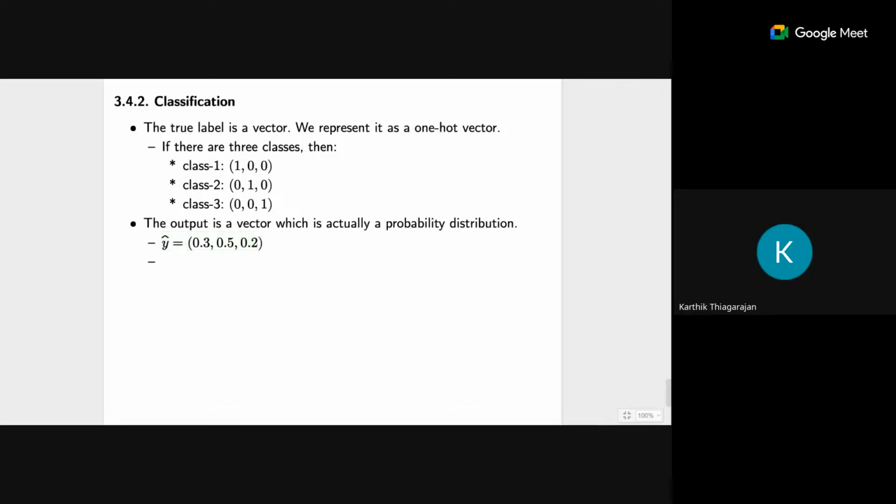To make it very precise, if there are capital C classes, and you sum up y hat i, what will you get? 1. So the output is actually a vector, but not just any vector, it's a probability distribution.